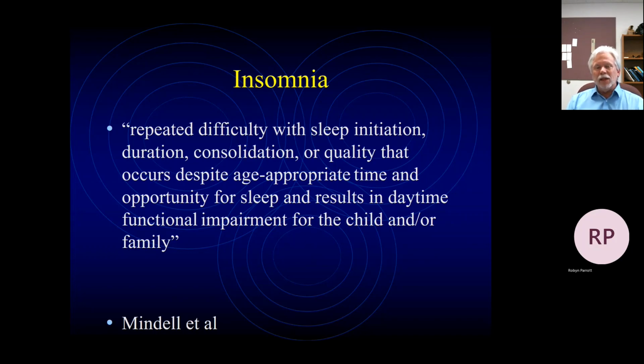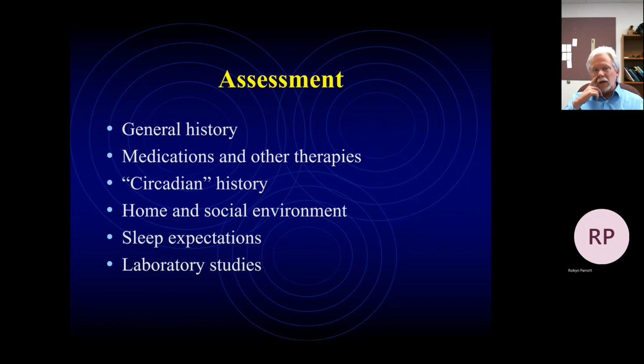Now, at the time that this definition was put together, most people did not believe that children had insomnia. There was a saying that adults can't get to sleep and children won't get to sleep. But truly there is insomnia in kids, and particularly in kids with developmental disabilities. So how do we assess them?